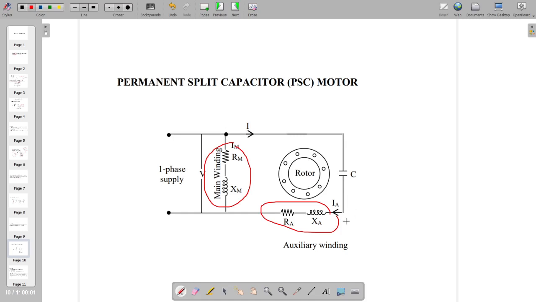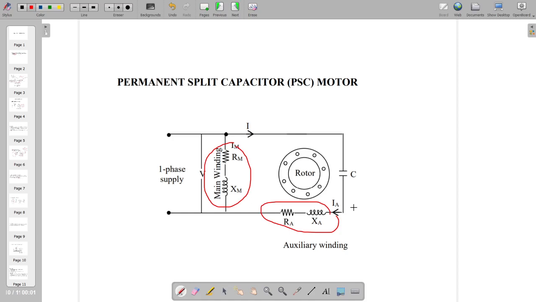The capacitor is permanently connected in the circuit in both starting and running condition. A permanent split capacitor motor is also called a single value capacitor motor because of the presence of a single capacitor. Since the capacitor C is always in the circuit, this type of motor has no starting switch.